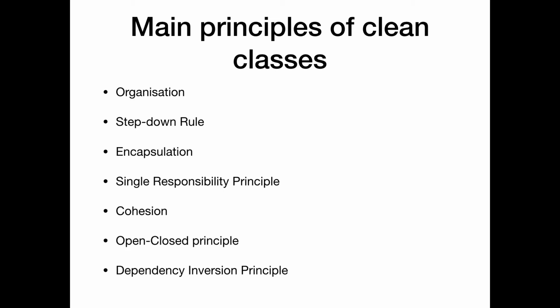Also, your class should have only one reason to change, which is the single responsibility rule. It should be cohesive, so that it has a small number of instance variables, and most of the functions should use them. Also, it should follow the open-closed principle and the dependency inversion principle that I was talking about just a slide ago.